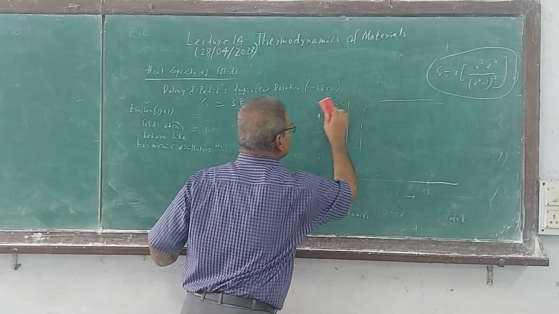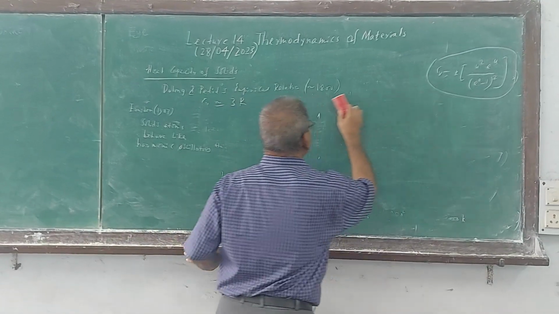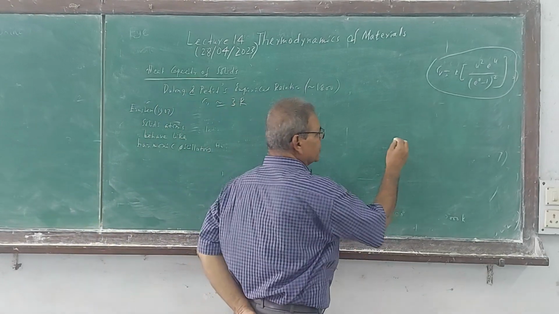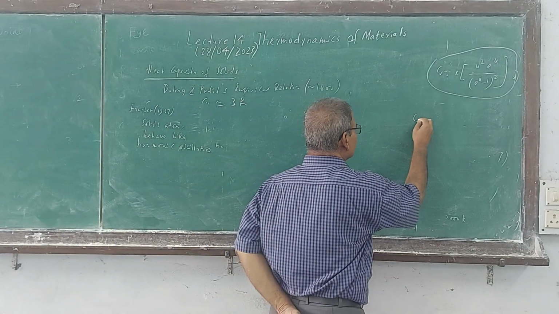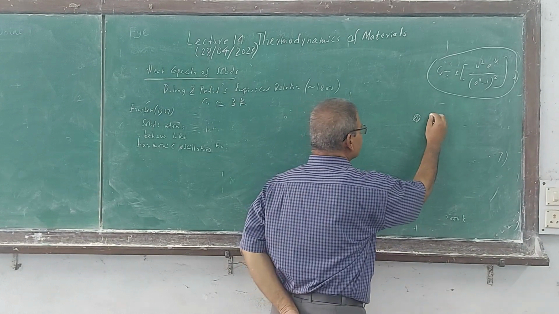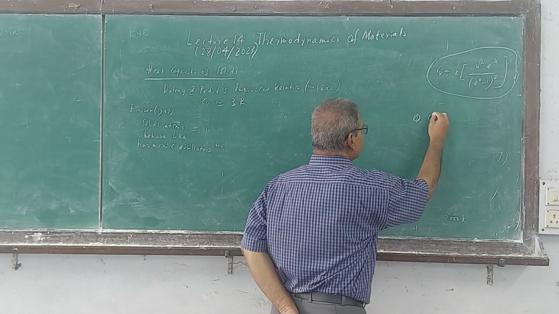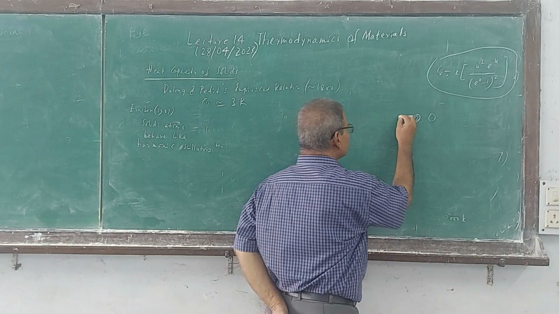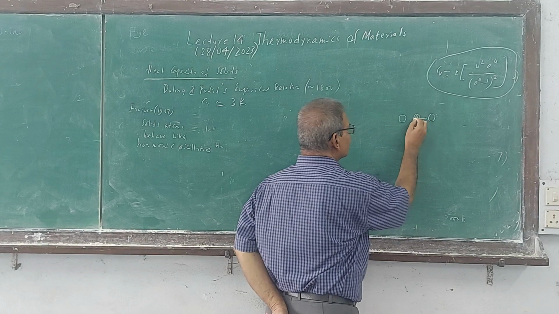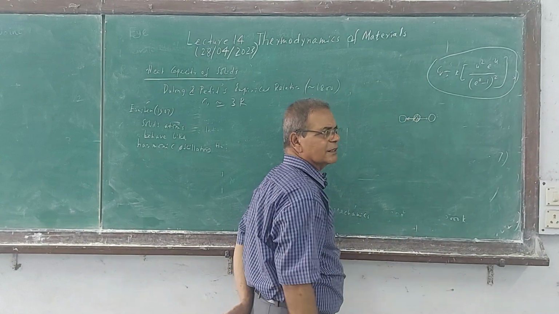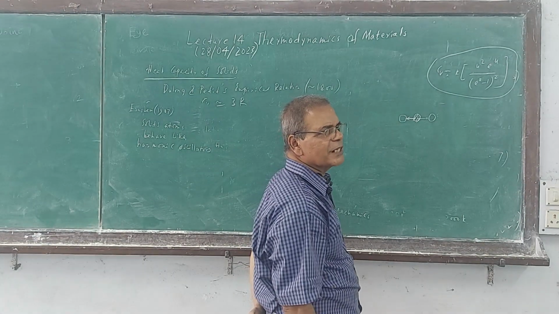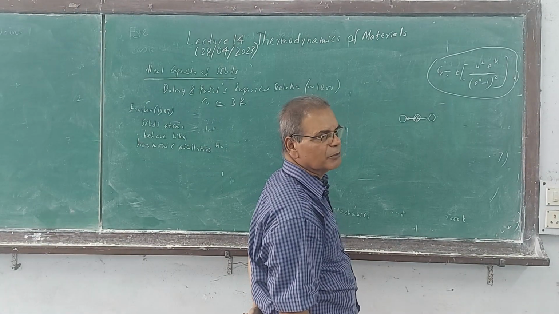So I will follow Einstein. So consider a crystal, this is one atom, and there is another in the neighborhood, and still another on the left hand side and right hand side. It is vibrating, this vibration is in the manner of simple harmonic motion.